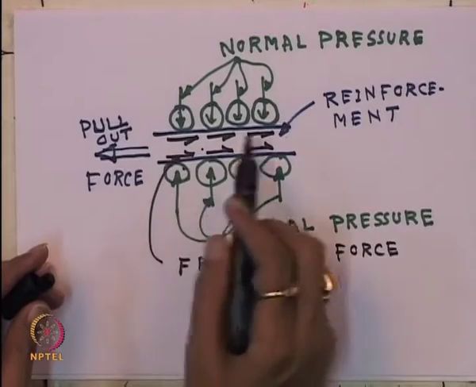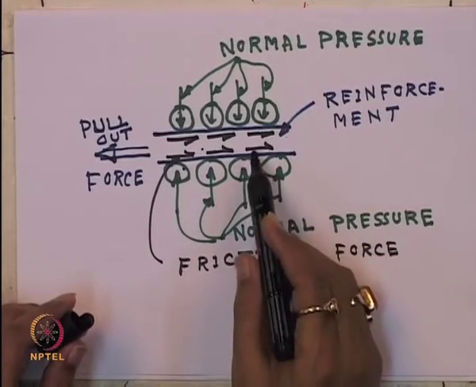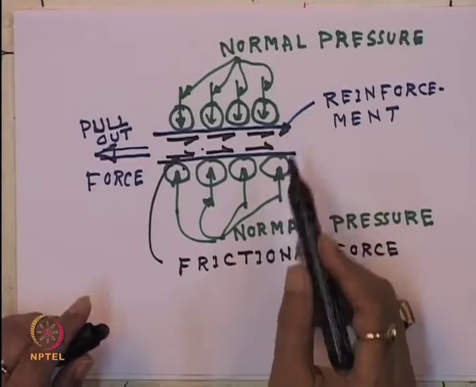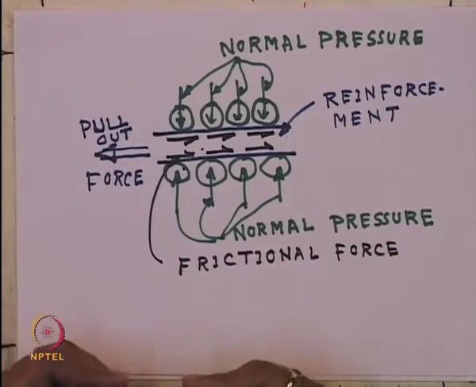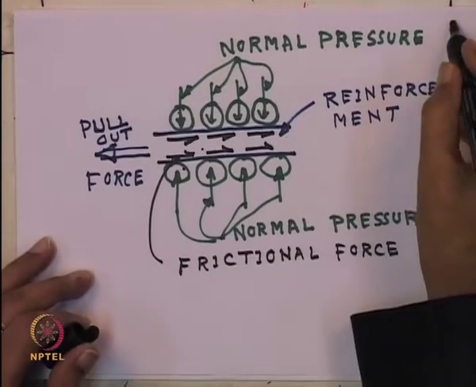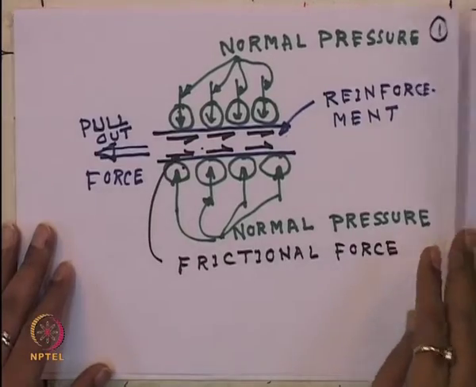So you can see how the friction force is developed between the soil and this reinforcement. This is particularly in case of any metallic strip or any paraweb or any plastic strip, etc.